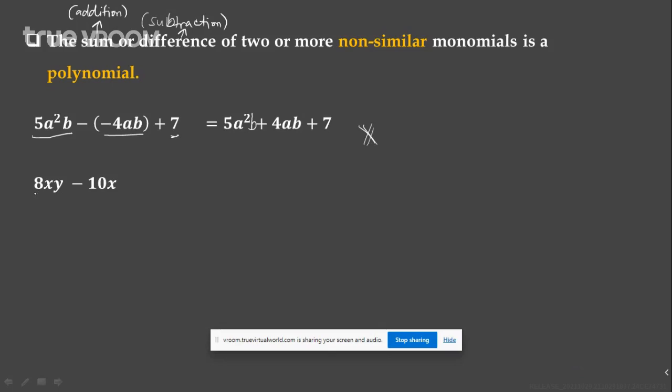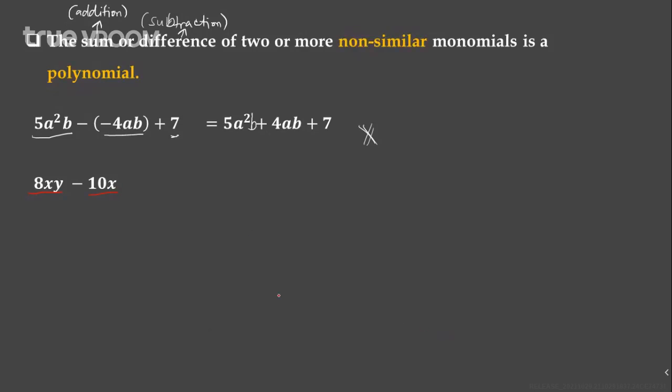So this is one monomial, and another monomial is 10x. So xy, 10x, they are not similar because they don't have the same variable or the same exponent. So you just need to write 8xy minus 10x. So this will be your final answer. And that is a polynomial. More than one term is a polynomial. Only one term is a monomial. But if there are two or more terms, that is considered a polynomial.